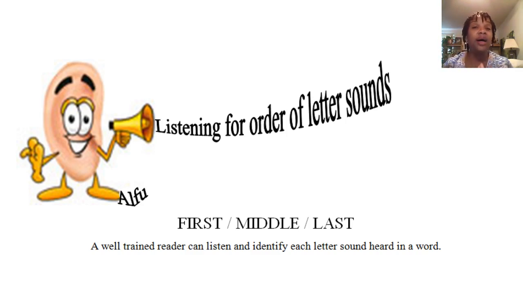He's my helper, and his job is to help you listen for the order of sounds, and to listen for every sound, no matter how soft or how hard the sound is. Alpha Ear helps you train your ear to hear every single sound, especially the order: the beginning sound and the last sounds, or the beginning, the middle, and the last sounds.